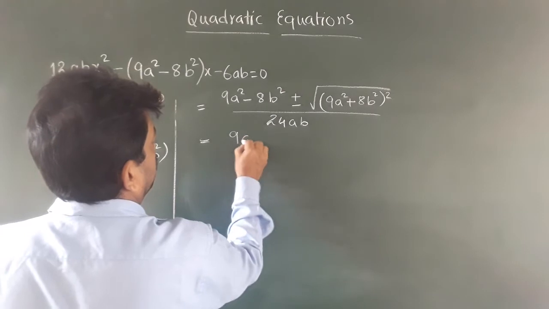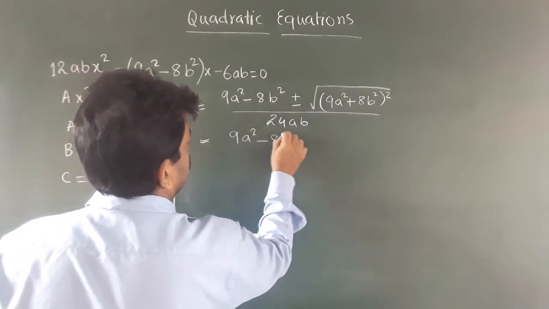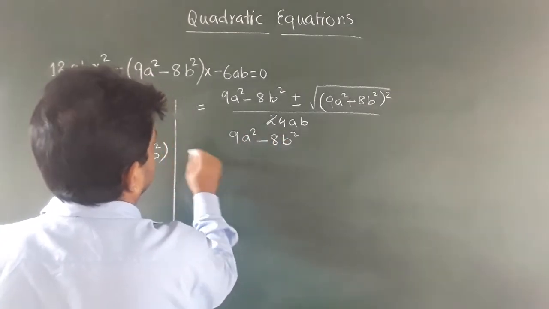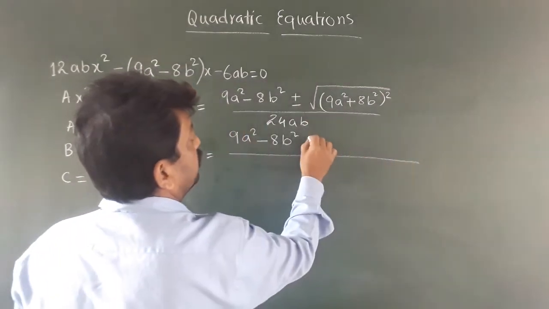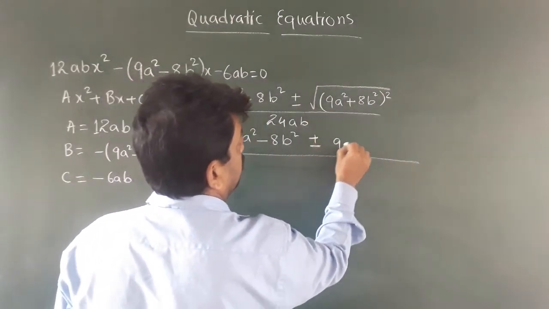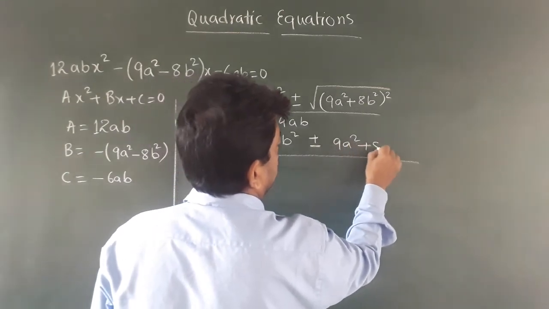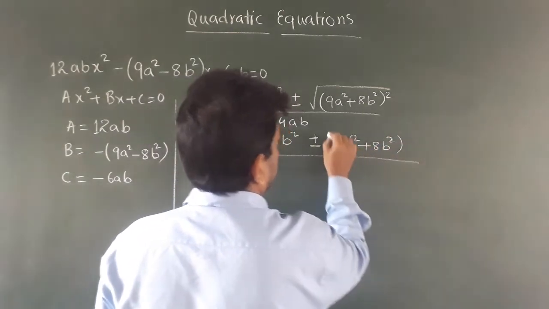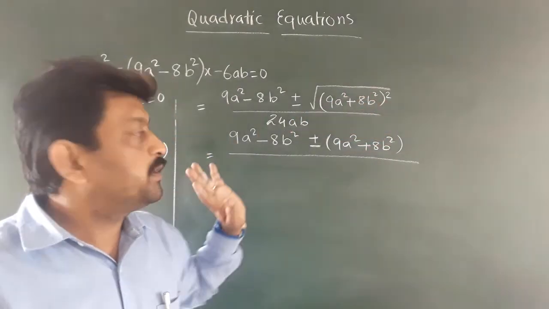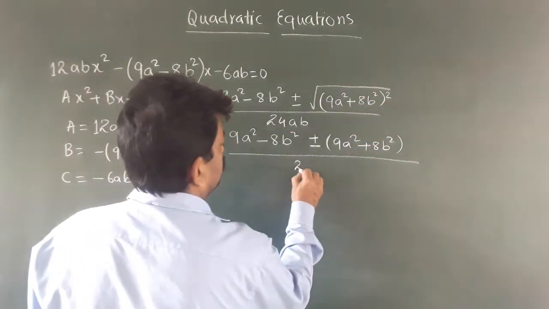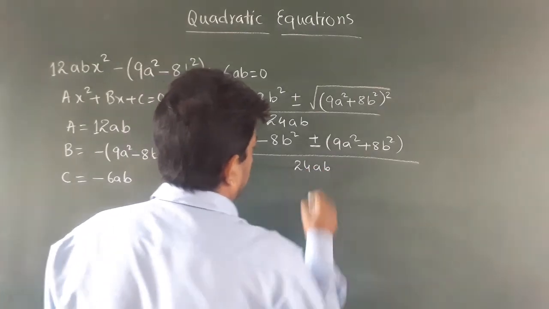So 9a square minus 8b square, this will be plus minus 9a square plus 8b square. Because of the square, the root is eliminated, and here it is 24ab.